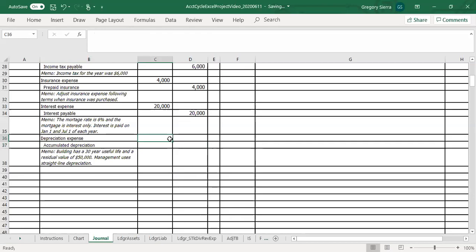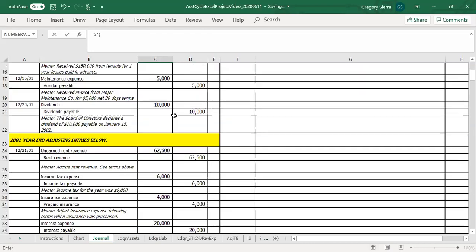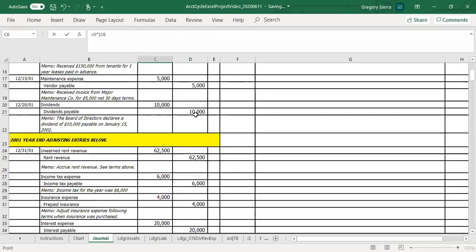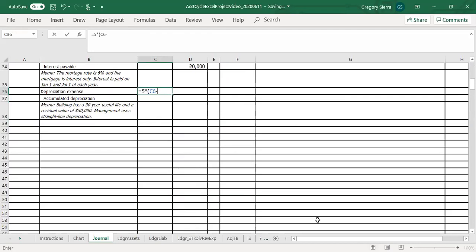Now, the depreciation is 5 months, and we're going to figure out how much depreciation per year, right? So residual value of 50,000. So the building is 900,000, and it's minus 50,000. Okay, so we're going to depreciate over 30 years.